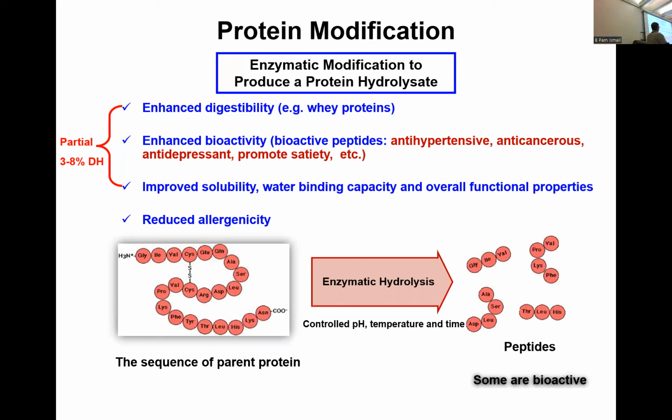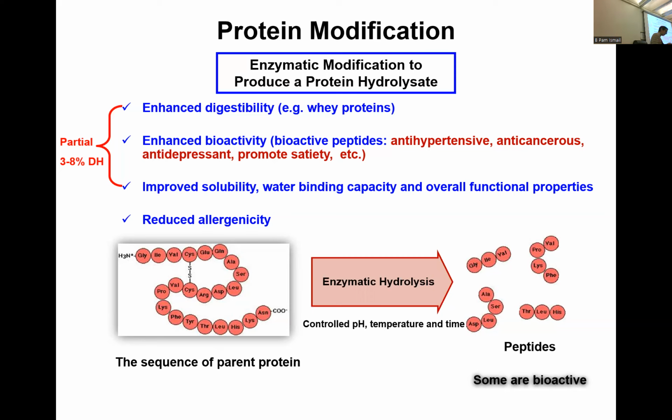There are a lot of different enzymes you can choose from. There are enzymes we call digestive enzymes, such as trypsin, pepsin and chymotrypsin. And then there are proteases of microbial origin that we can choose as well, with different specificity. Some enzymes are very, very specific.